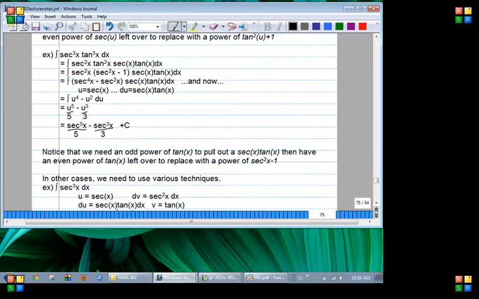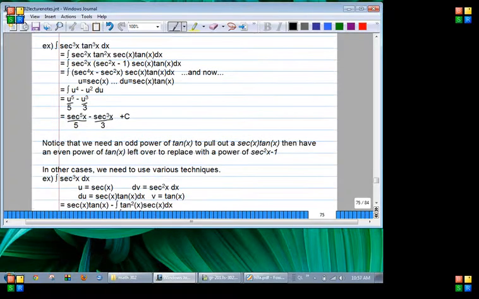So that means du is secant x tan x dx, and if dv is secant squared x dx, then v is just tan x. Okay, well, what does that give us? So this equals uv, so secant x tan x, minus the integral of v du, so minus the integral of tan squared x secant x dx.